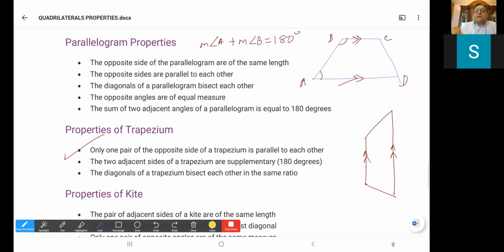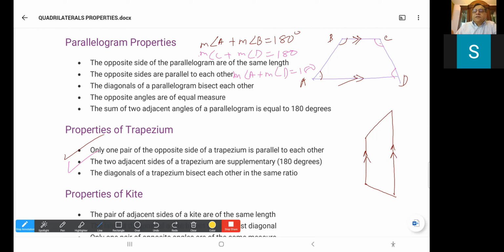Similarly, this set of angles is also 180 degrees. And even these are 180, right? So angle A plus angle D is also 180. All sets are 180. Is it okay? Yes, sir.